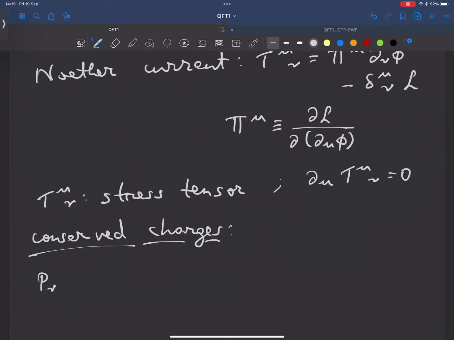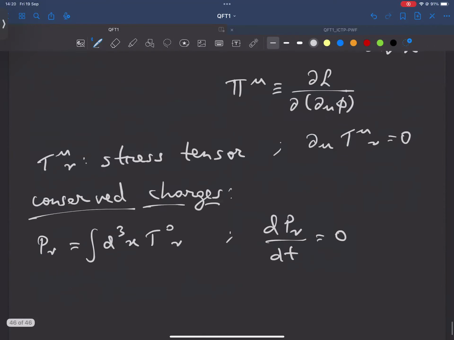So the conserved charges were defined like this, just in the usual way, and from the conservation, and also as we saw in the proof of Noether's theorem, we know that this quantity is conserved, which is called the conserved charge.